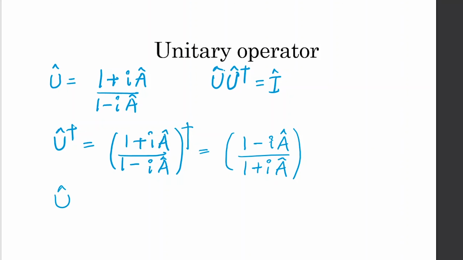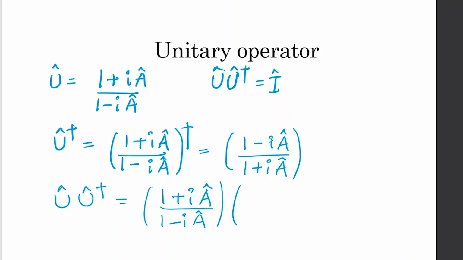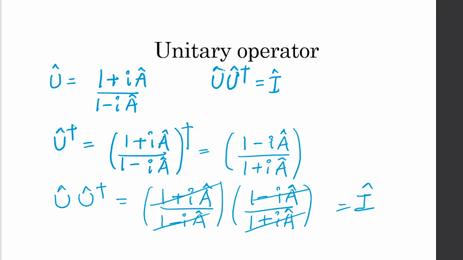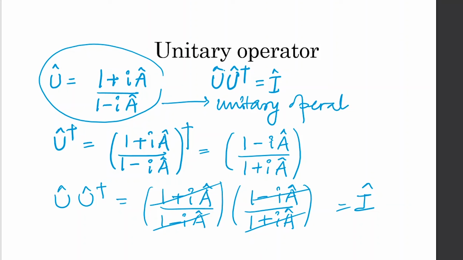We simply multiply these two operators; this cancels out with this, and this with this, and we get the unit operator. So this operator is a unitary operator. There is a difference between unit operator and unitary operator.